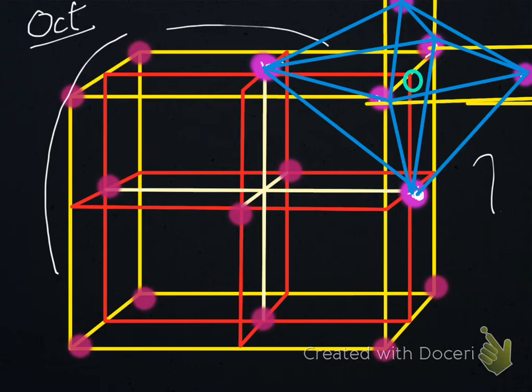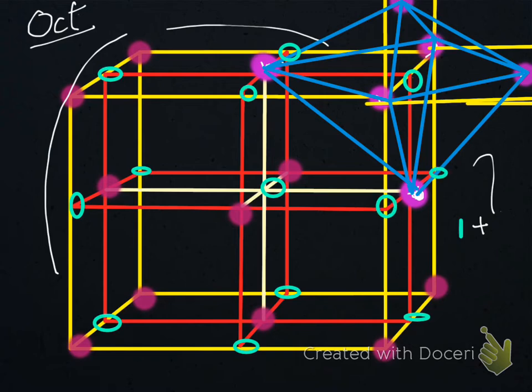How many octahedral voids can be seen in this unit cell? At the body center, you have 1, plus each edge center. What are the edge centers? 1 is here, 1 is here, 1 is here, 1 is here, next one, this is 1, another one, next one, here 1, here 1 and here 1.